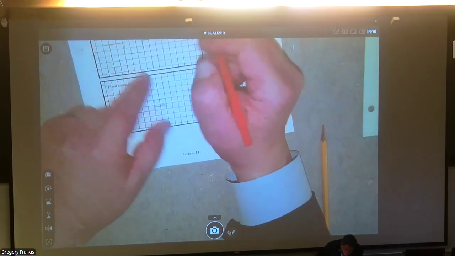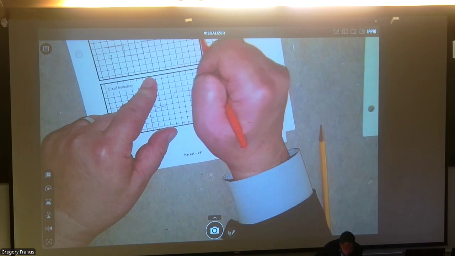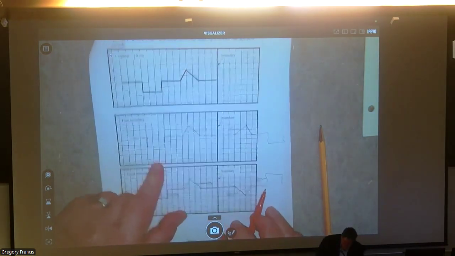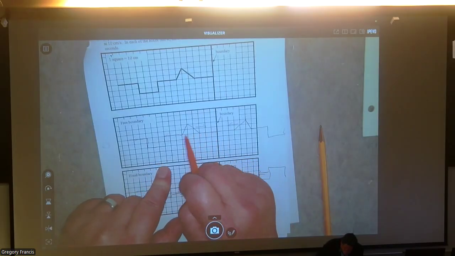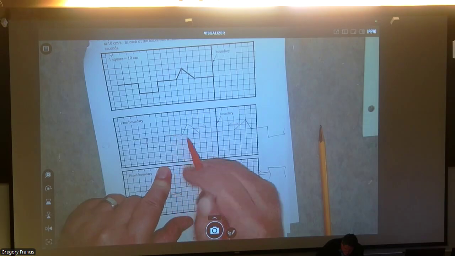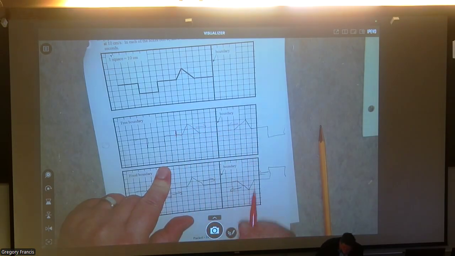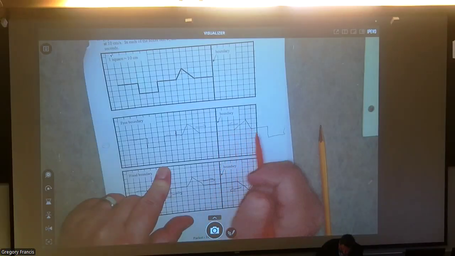I'm going to count 1, 2, 3, 4, 5, 6, 7 is right here. And over here, I'd go 1, 2, 3, 4, 5, 6, 7.